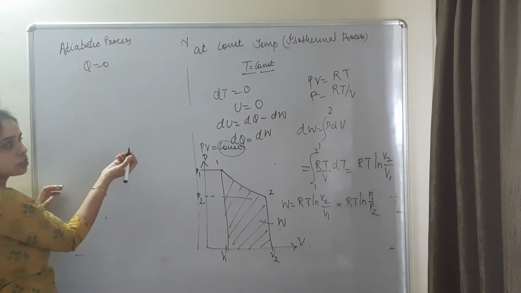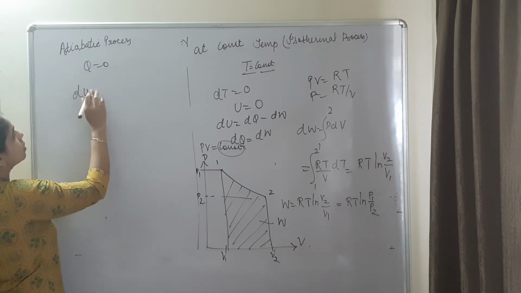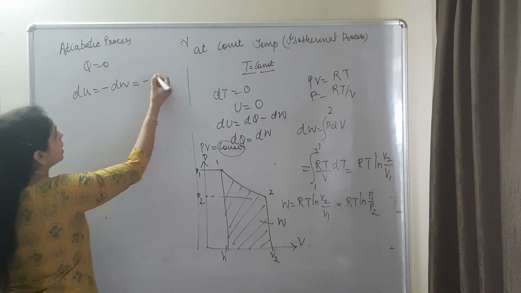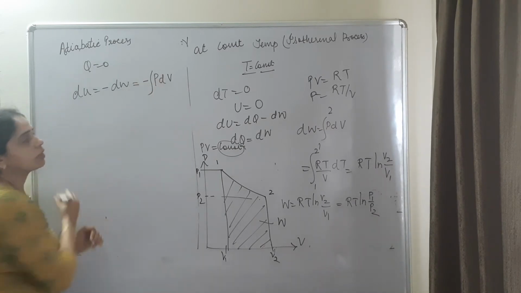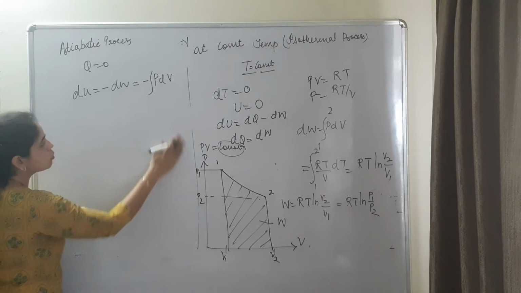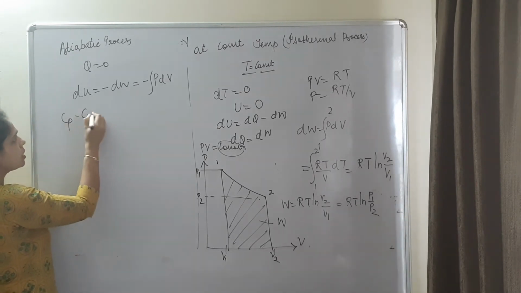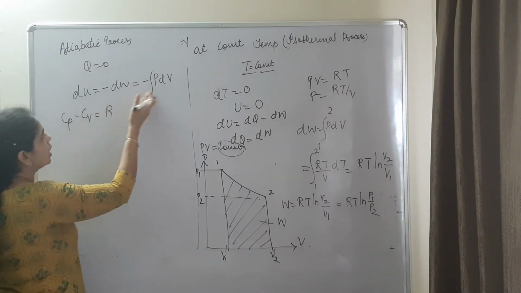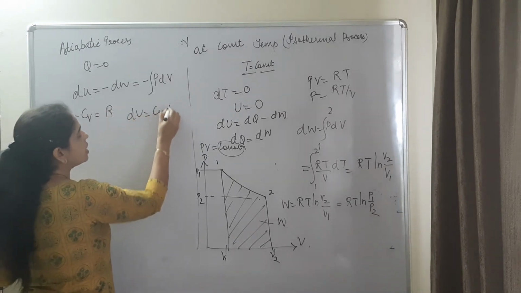So from the first law of thermodynamics, du is equals to minus dw, okay, or minus pdv. Fine. And when you resolve this, when you substitute, so हमने last वीडियो में सॉल्व किया था Cp minus Cv is equals to R, and we know that the different forms of du is equals to, you can write Cv dt.